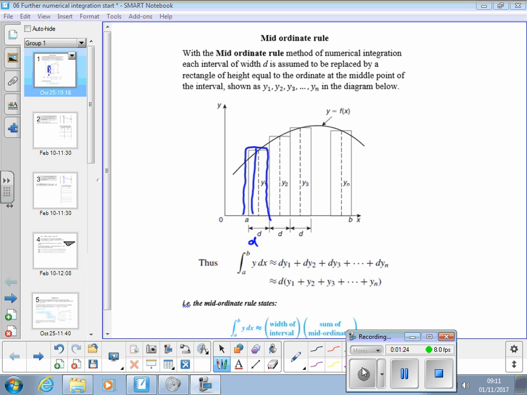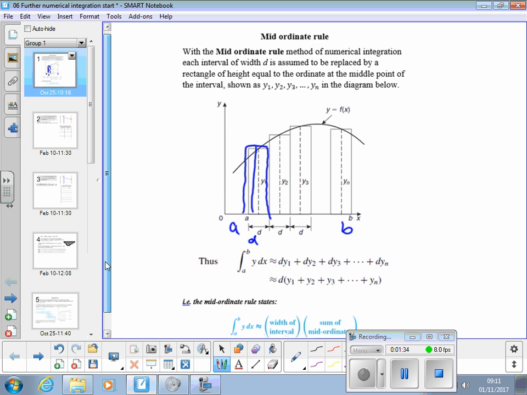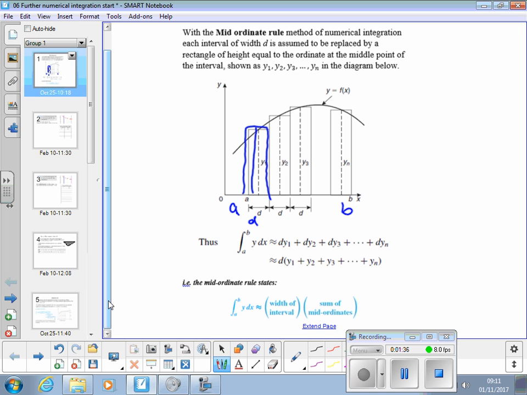If we do that over the range that we want between a and b, we're going to integrate between the limits a and b. The mid-ordinate rule says an approximation of the integral between a and b is the width of the interval multiplied by the sum of the mid-ordinates, which looks a less complex formula.